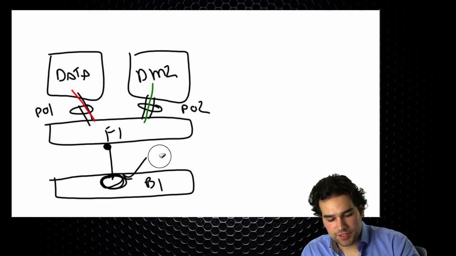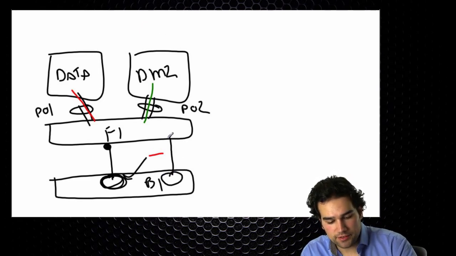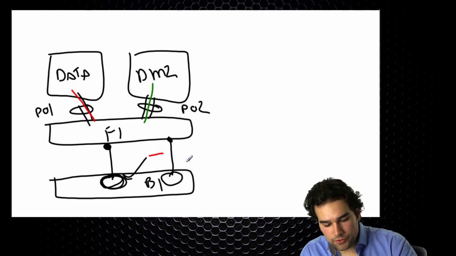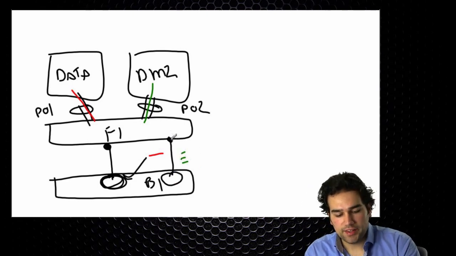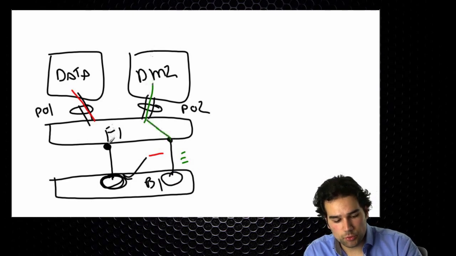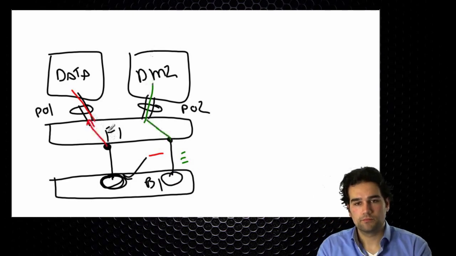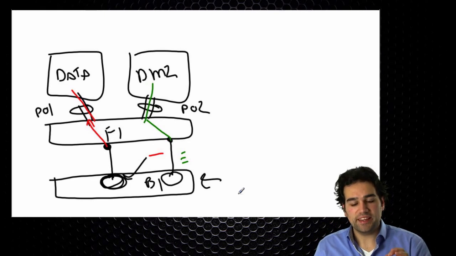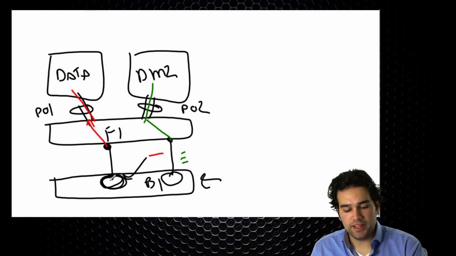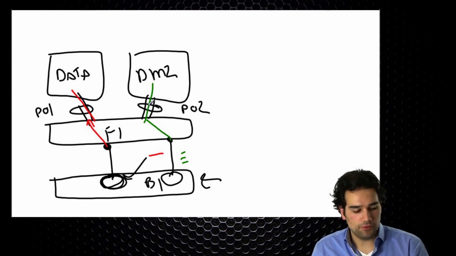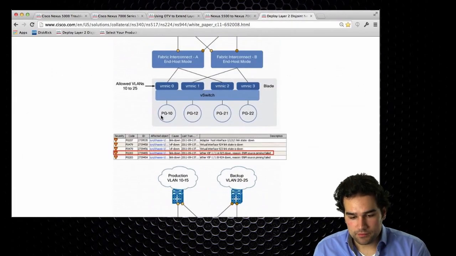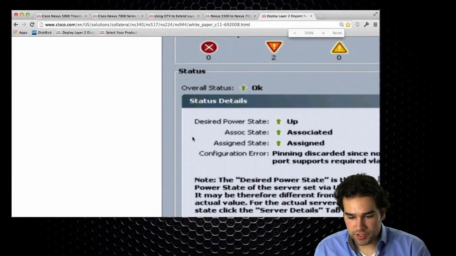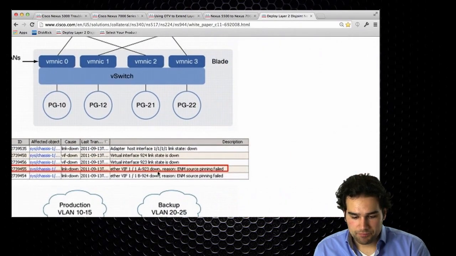I need to have separate interfaces on my blades for red VLANs, and then I need a separate network interface here for all of the green VLANs. And that can pin to this port, where this port can pin to the red port. So I can never pin a network interface from a blade to a single uplink with both. That pinning will fail. And here it will show you that error message in the white paper. It says ENM source pinning failed. That's what the message will be.